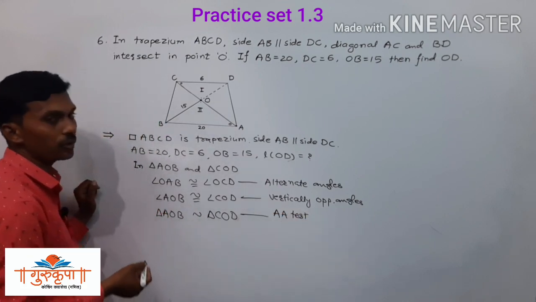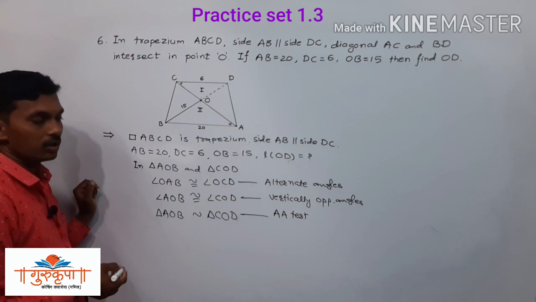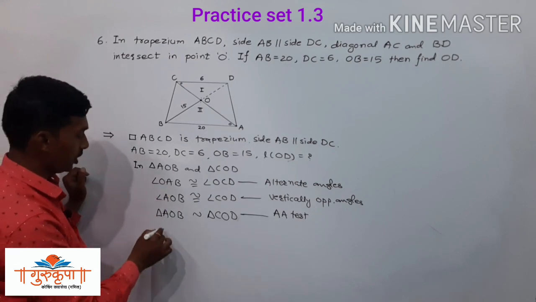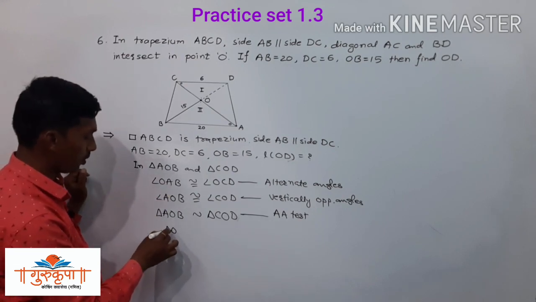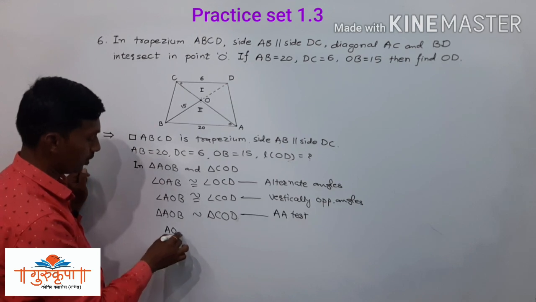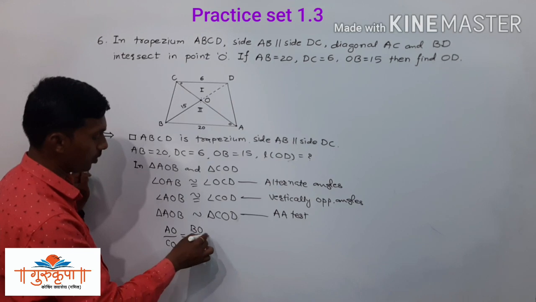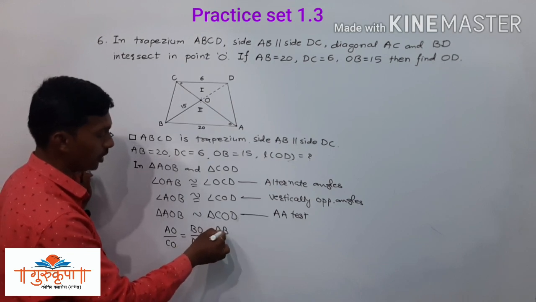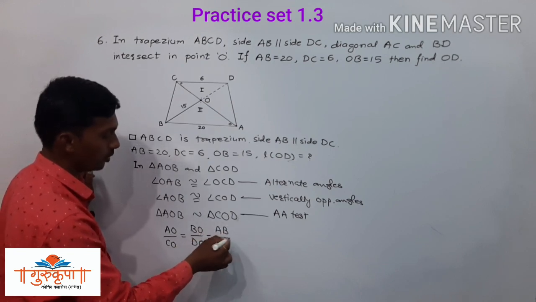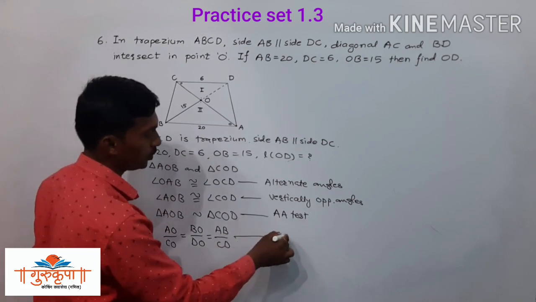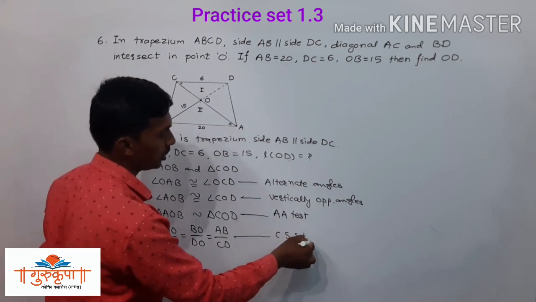Now put the corresponding sides in proportion. We will write all the sides in proportion, that is AO upon CO is equal to BO upon DO, which is equal to AB upon CD, and the reason is corresponding sides of similar triangles.